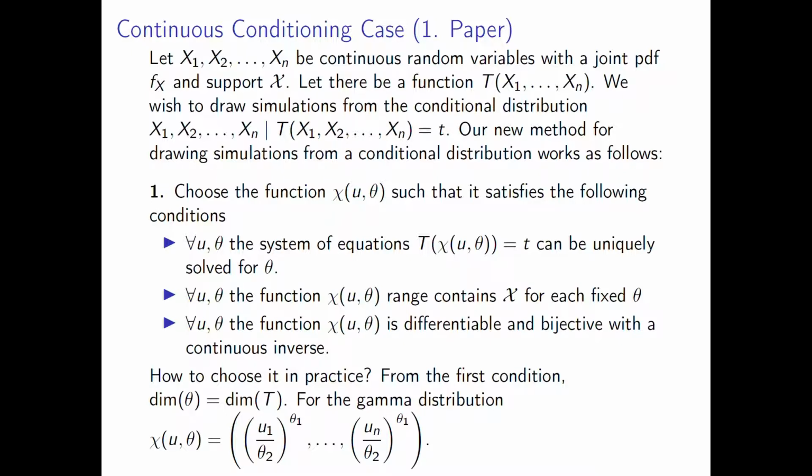So for example, let's take a look at the gamma distribution case. So in this case, we would choose the function chi as follows. We note that we have chosen the range to be such that it's positive, because the gamma distribution has the support, which is defined on the positive real line.